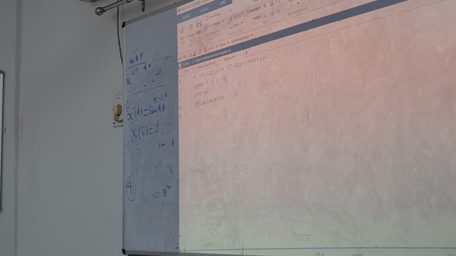This function can be found by simply changing the syntax.